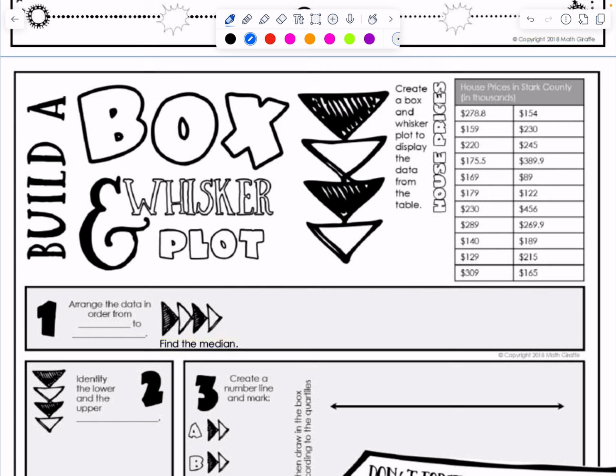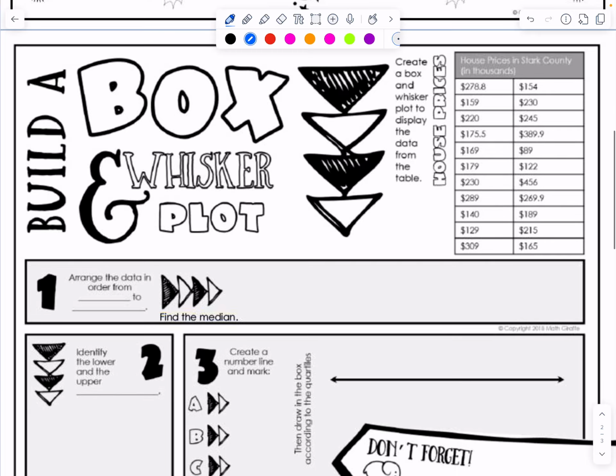That means we need to find the median, and then we need to find the different quartiles. The first thing we have to do is arrange the data in order from the least to the greatest values. So if we're using this data here, we're going to first arrange it from the lowest to the highest.